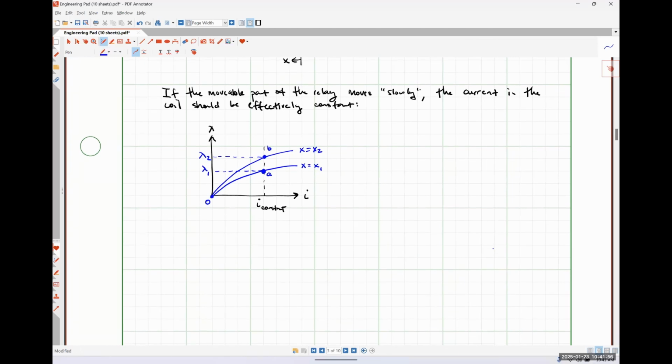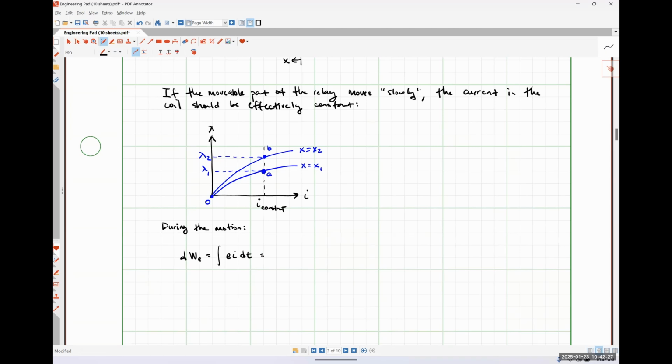So we can throw some math at this, and we're going to. Essentially, during the motion, our change in electrical energy is going to be the integral of e i with respect to time.